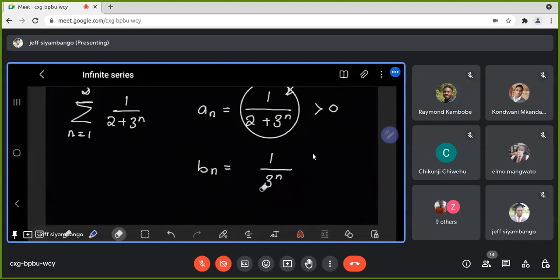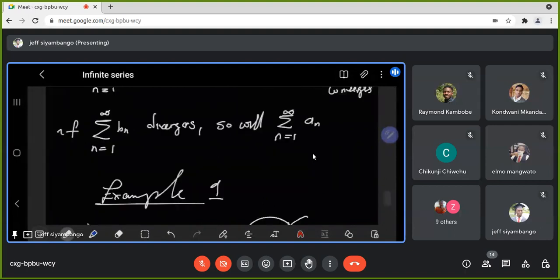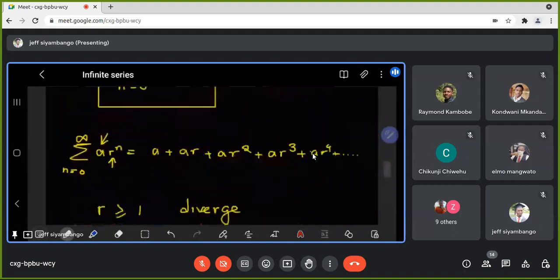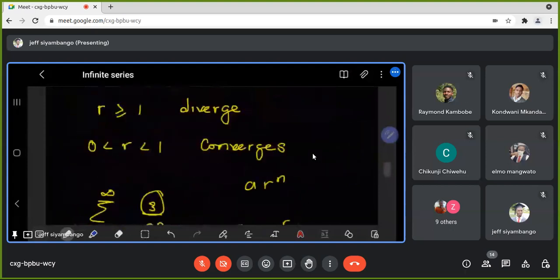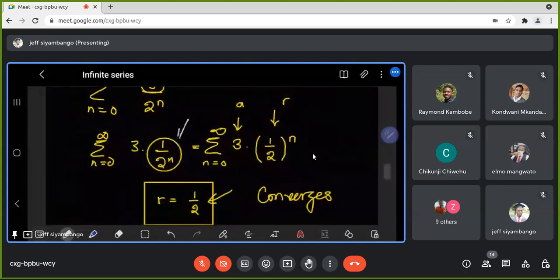How about if I just remove the 3 there and put a 2 here? It becomes the one where we ended up with 1 over 2 raised to the power n. Do you remember this one? I think we did this one a little bit earlier, where we had 1 over 2 to the power n. The only difference is now this is a 3 to the power n.